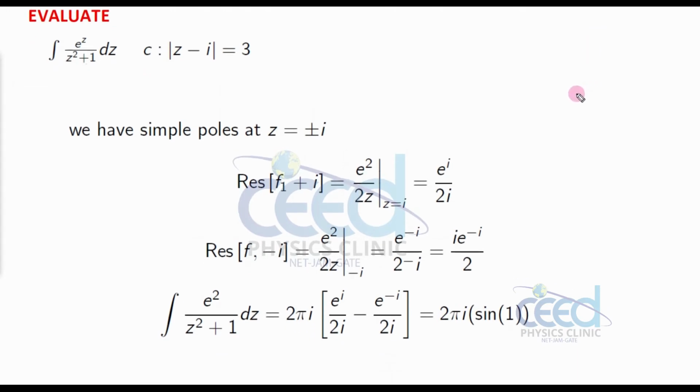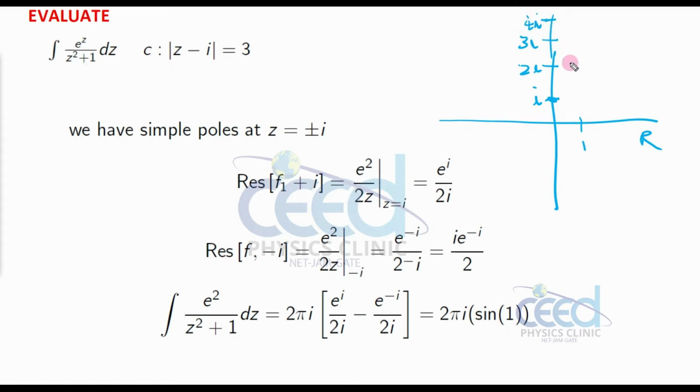Here the radius is 3 and the center is i. So this is the real axis in the complex plane, and here is 1 and here is i. With this i as the center, we have to draw a circle with radius 3. So here 2i, here 3i, here 4i.